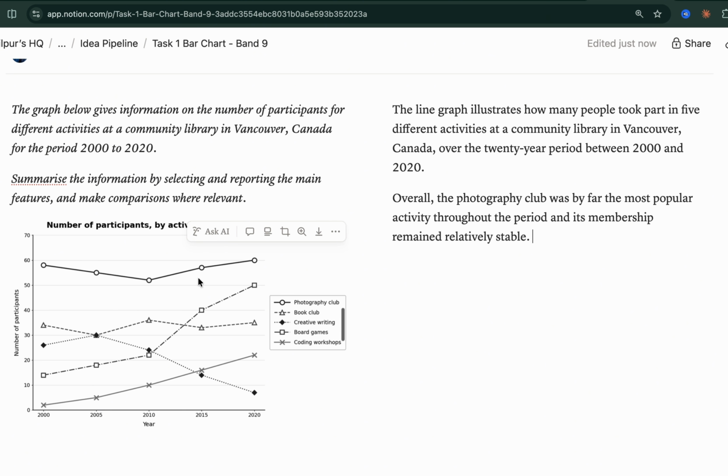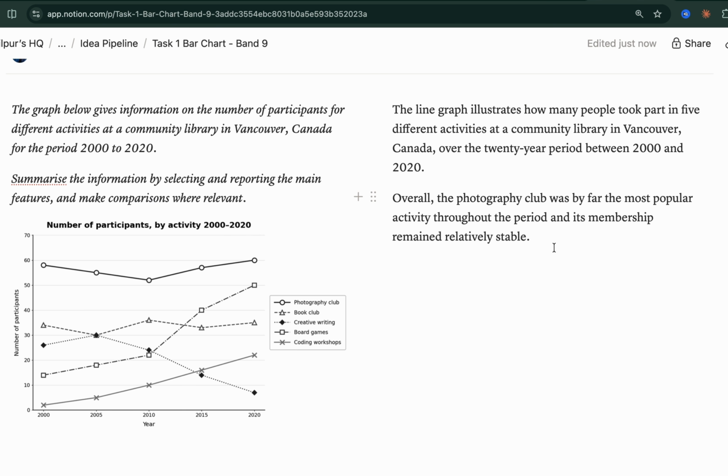And this is something important because I am given 5 lines, 5 different activities, and one in all given years is the highest, contains the highest number of members. That is something you should include in your overall statement. That this is what overall is about. This is a trend that is true for the entirety of the period.